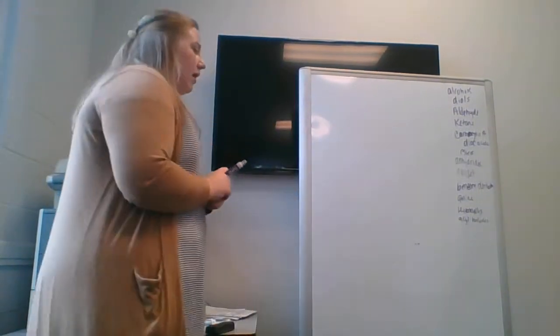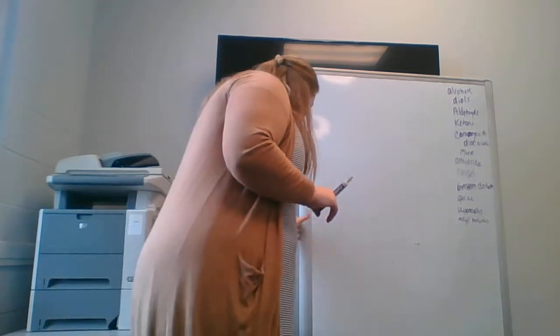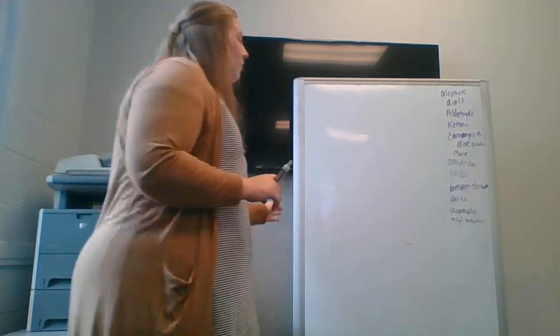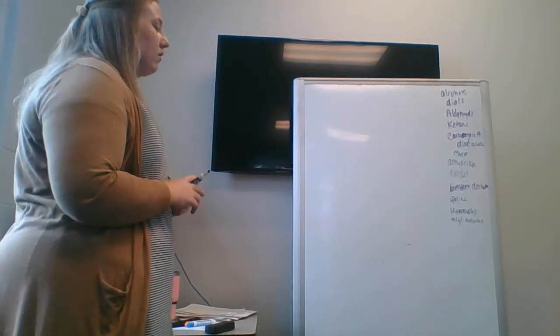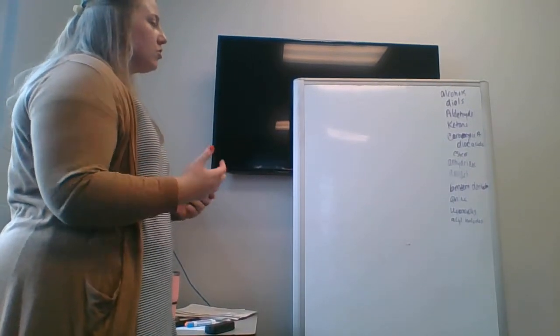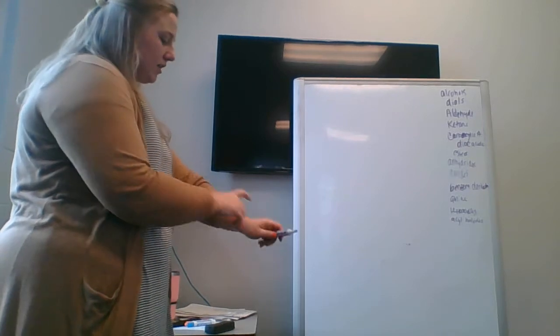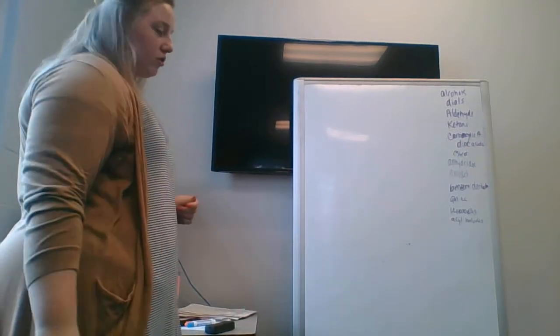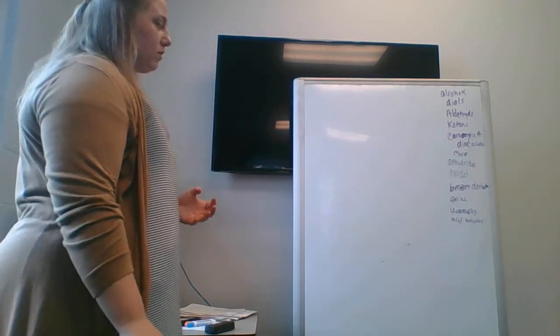So one thing to keep in mind, and it was brought up yesterday, is knowing which one of these holds the highest priority. In general, you're going to give the most oxidized functional group highest priority when naming.